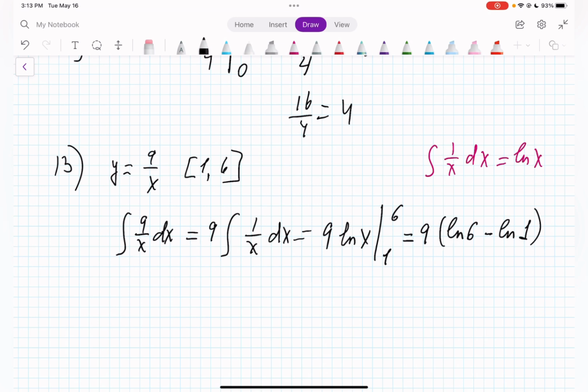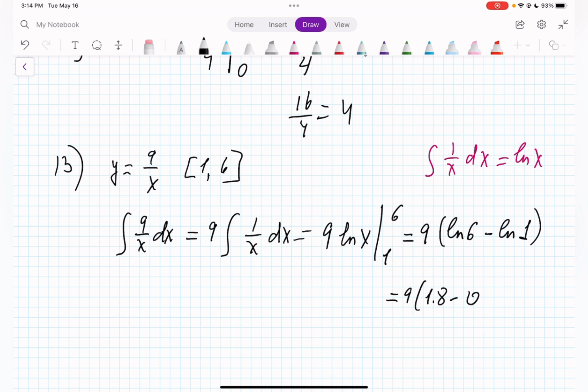So natural log of 6, I got 1.8. So it's going to be 9 times 1.8 and minus, how much is it going to be? Natural log of 1, it's going to be 0.